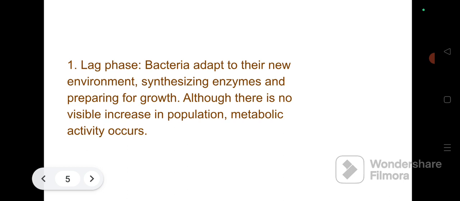So if you transfer bacteria from one medium to the same medium, you get a shorter lag phase, and if you transfer bacteria to a medium which is different and has different types of nutrients, then the lag phase may be longer. It depends upon the complexity of nutrients present in that medium and the genetic makeup of the organism inoculated in the flask.